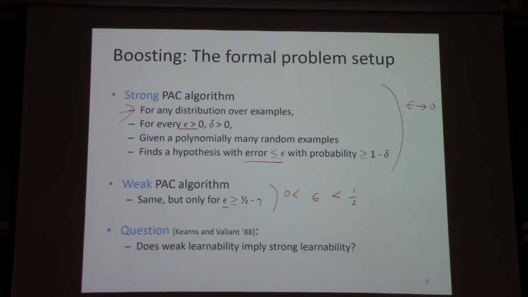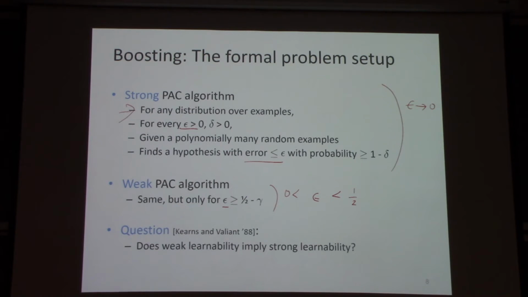Does the question make sense? I want you to think about this question because there's no obvious answer. It's possible that there are concept classes for which weak learnability does not imply strong learnability, meaning you can only produce errors slightly better than chance, but that's the best you can do.